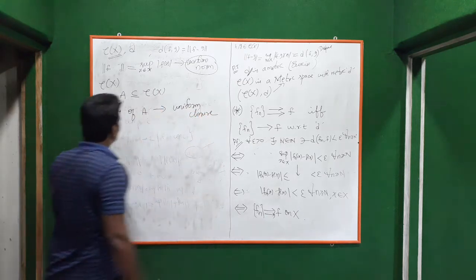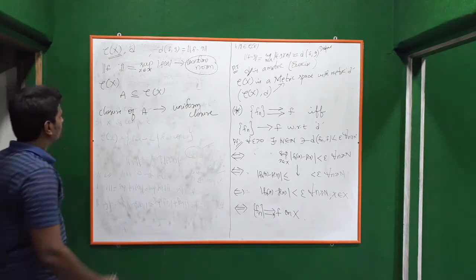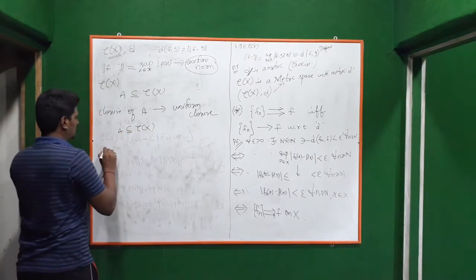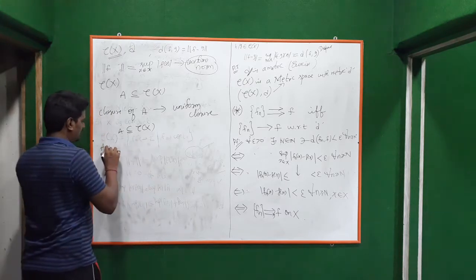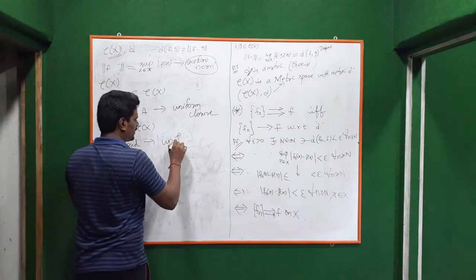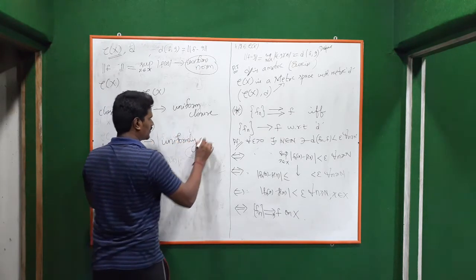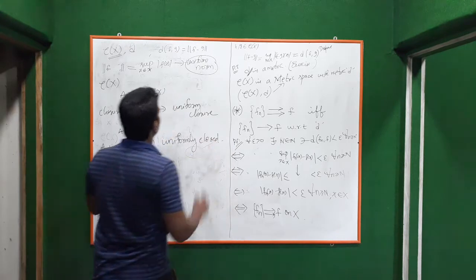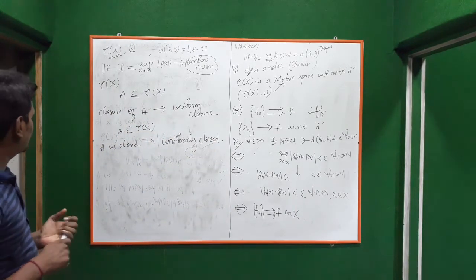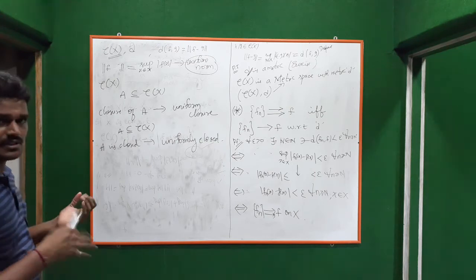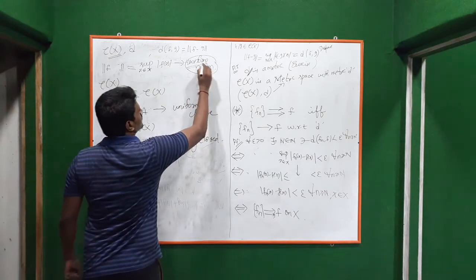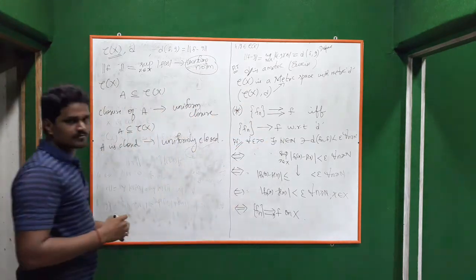It will always be the uniform closure. Similarly, A contained in C of X, if A is closed, then that is called uniformly closed. Okay. Uniform norm, and closure of any subset is uniform closure, and a subset said to be closed is nothing but uniformly closed. So this uniformity comes because of this result.